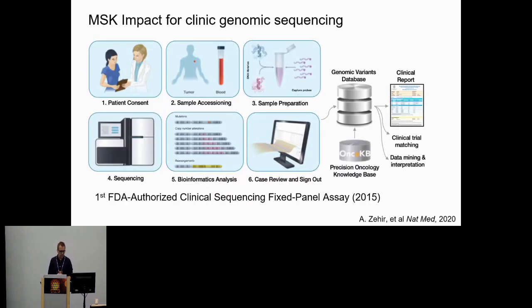And for almost a decade now, Memorial Sloan Kettering is quite famous because they have this clinical genomic sequencing assay that they deployed in 2015. And so this assay is given routinely to patients. Initially, it was funded by a very generous private donation, but now it's at the point that I believe it can be charged to insurance.